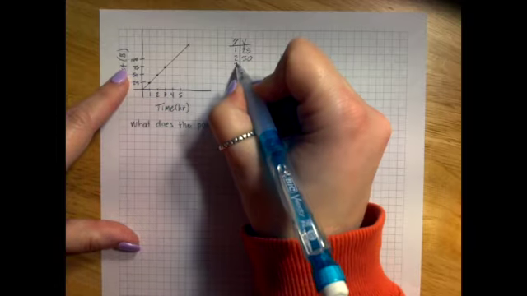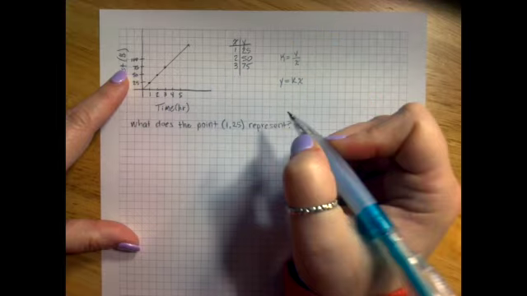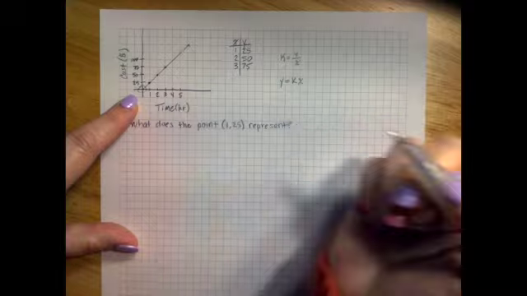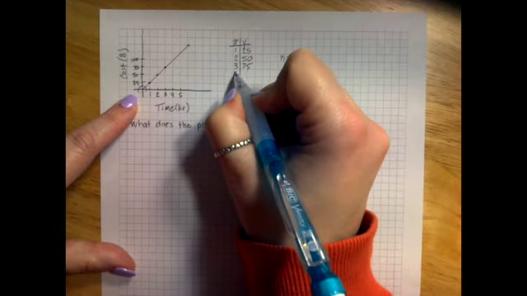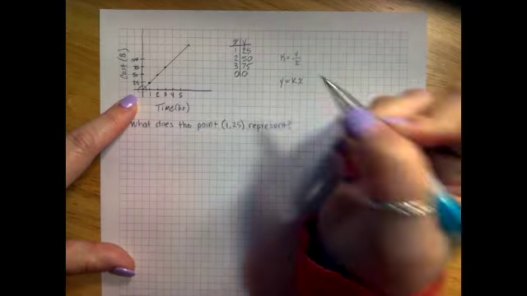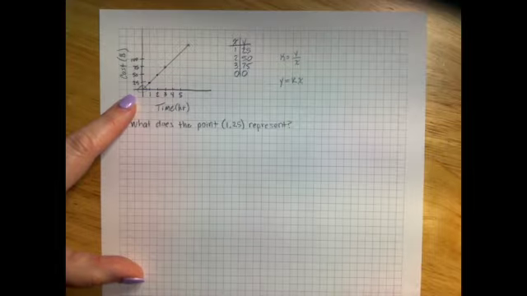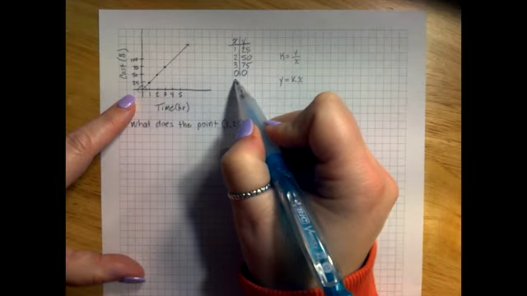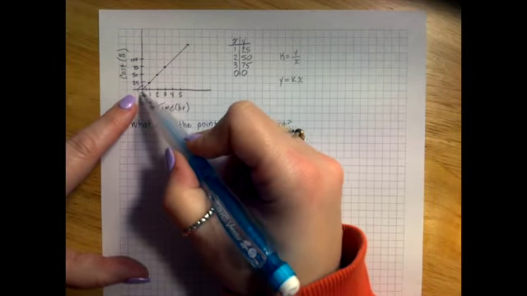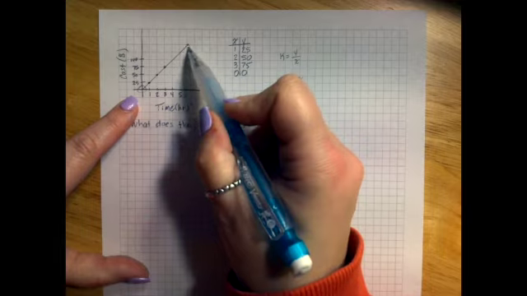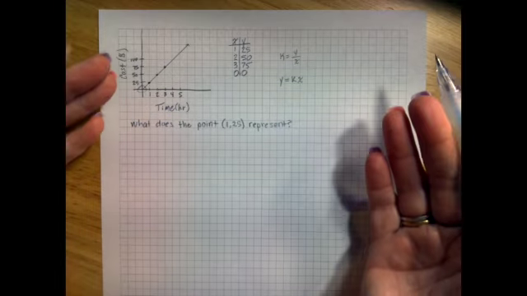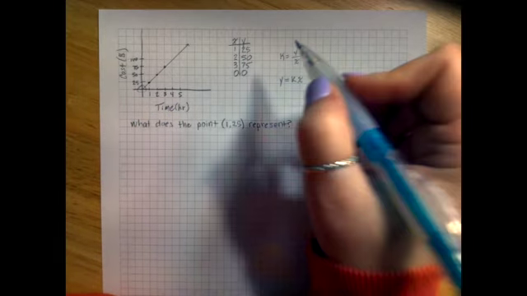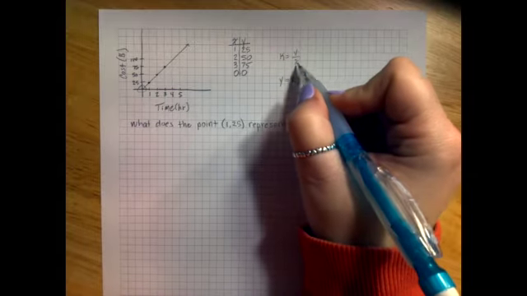When x is 3, y is 75, and so on. One important thing to note is it goes through the origin. That means when x is 0, y is 0. That's another big thing to determine if something's proportional: if 0, 0 works and it goes through the origin, it's proportional.